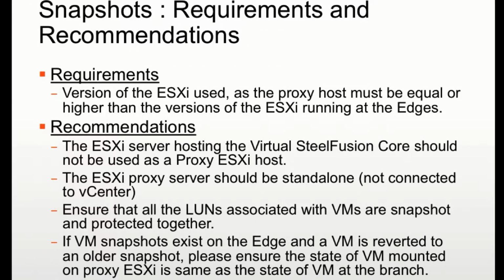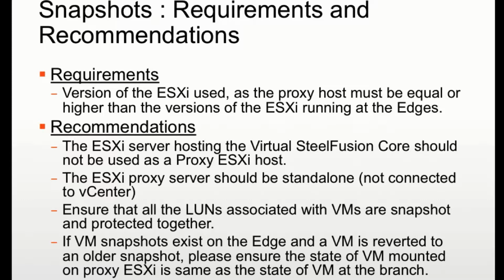There are a couple of requirements and recommendations. One of the requirements is that the version of the ESXi used as the proxy ESXi host must be equal or higher than the version of the ESXi running on the Edges. Other recommendations include that the ESXi server hosting the virtual SteelFusion Core should not be used as the proxy ESXi host.